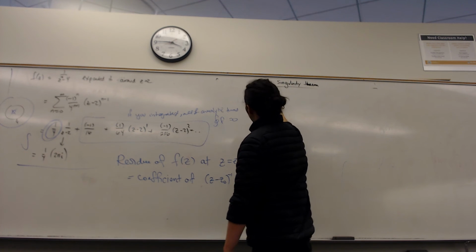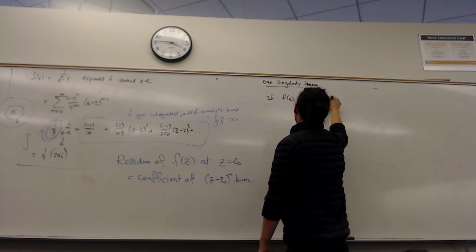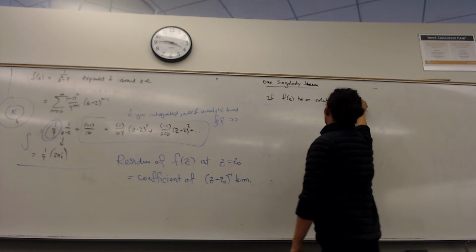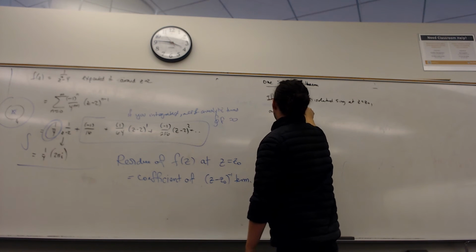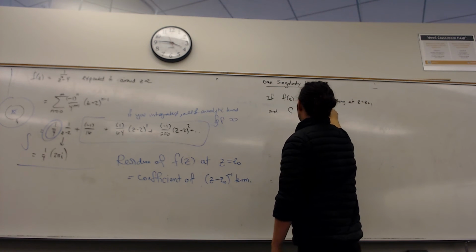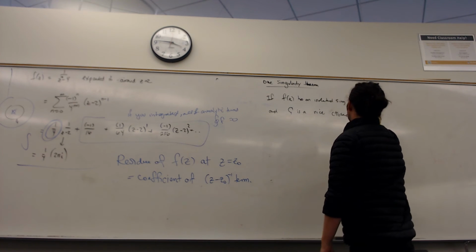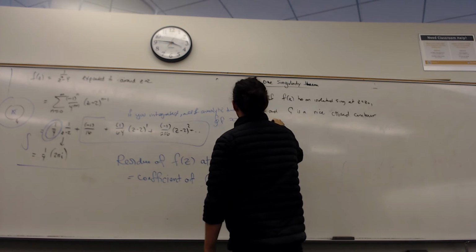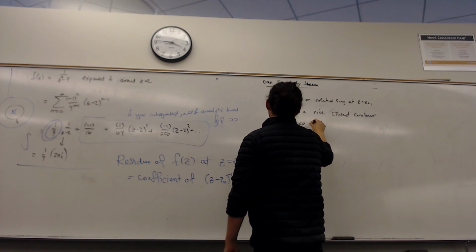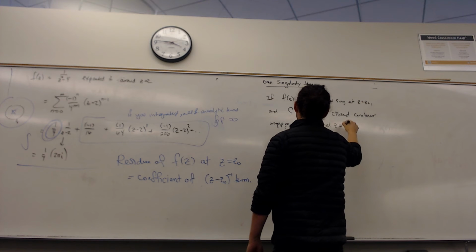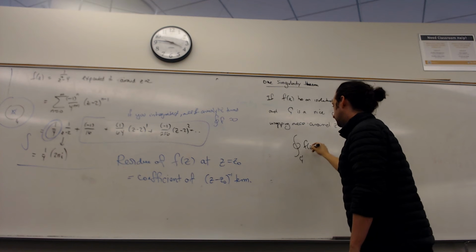It says that if f of z has an isolated singularity at z equal to z naught, and C is a nice closed contour wrapping once around z equal to z naught, then the integral of f of z dz is equal to 2 pi i times the residue of f at z equal to z naught.